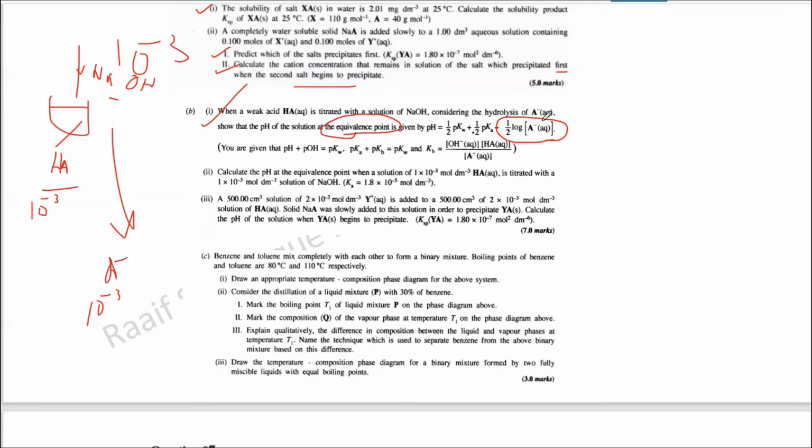So according to our equation, we need to find pH. So half pKw, you know, at 25 degrees Celsius, Kw is 10 to the power minus 14. So half into 14 here plus half pKa. So they have given Ka 1 into 10 to the power minus 5.